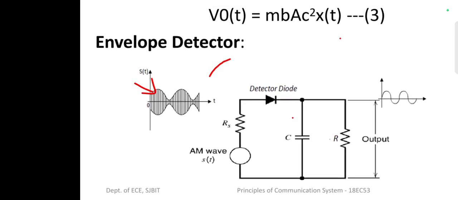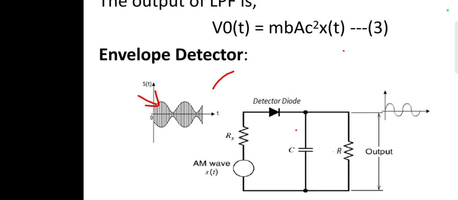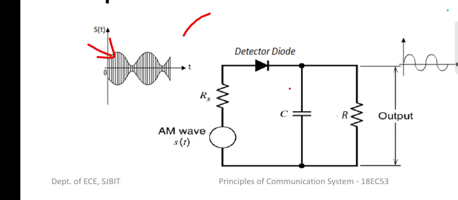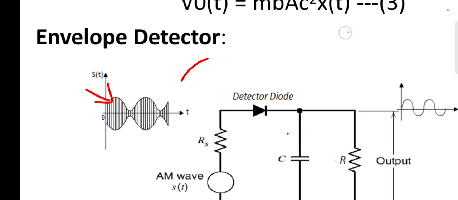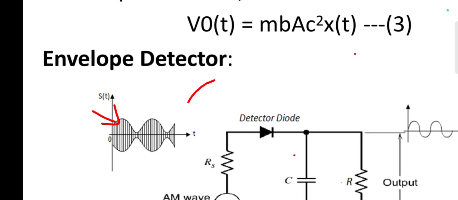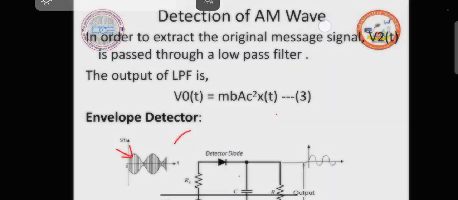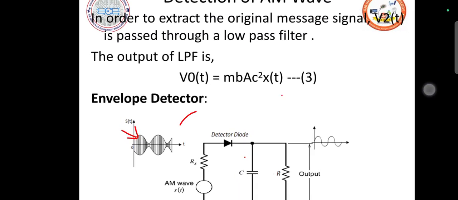This R value we choose here is a very large resistance value. We purposefully choose it to be very large, so even though the charging process has happened, the capacitor is hardly going to discharge. When this process is attained properly, we get a signal like this.